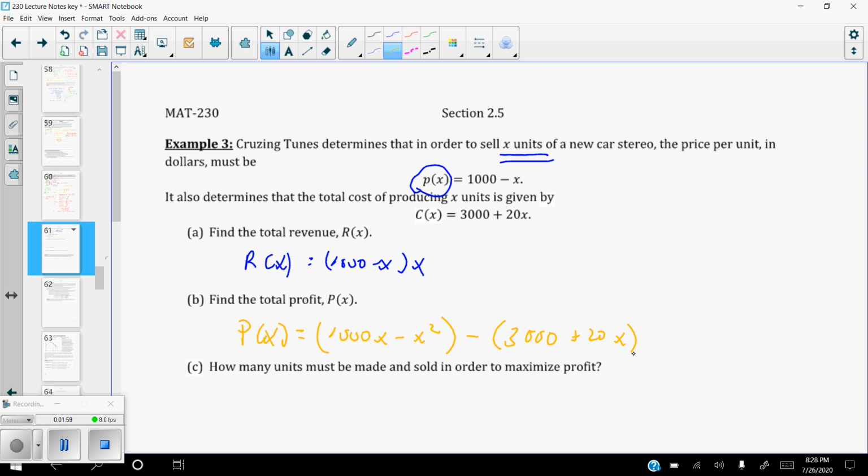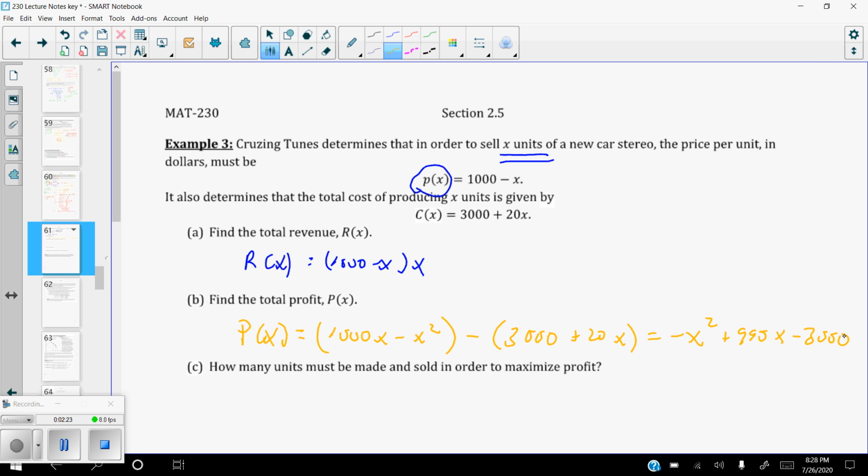And we can actually simplify that just a little bit. We can subtract off everything. So it looks like we're going to get a total profit of negative x squared. I have a 1,000x minus a 20x, so that's going to be 990x. And then we still have to do minus 3,000.